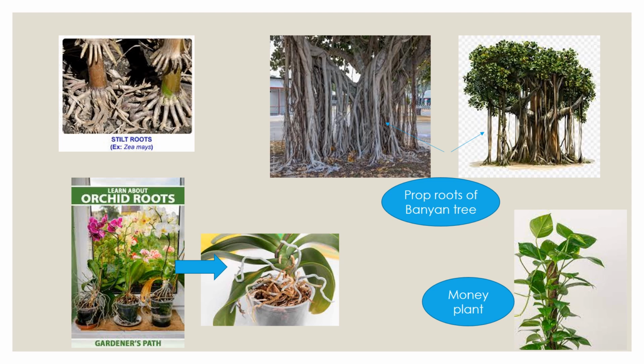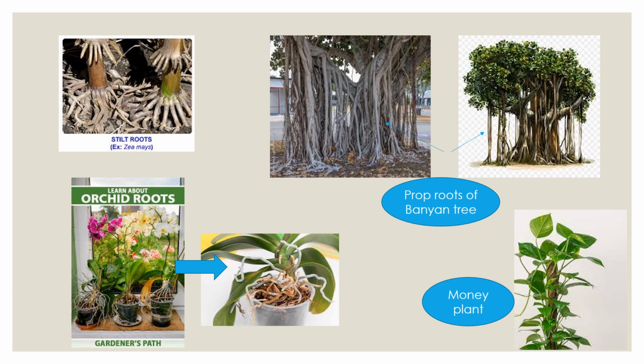It helps the plant to climb up on the support, because this type of plant has a weak stem. That means it cannot stand by itself. So this root helps it to climb up.